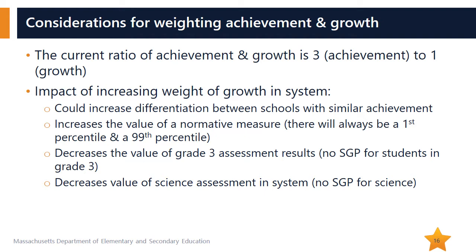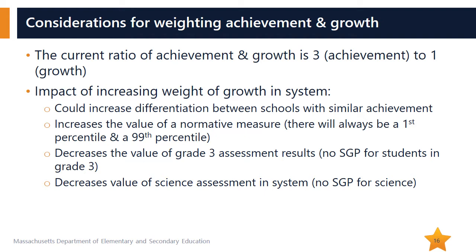Second, the student growth percentile is a normative measure, and by increasing the weight of the SGP, you place more value on a normative measure. The SGP is a percentile. It is calculated by taking a group of students who have similar test score histories and assigning each individual a percentile from 1 to 99 based on how they do on the next year's tests.